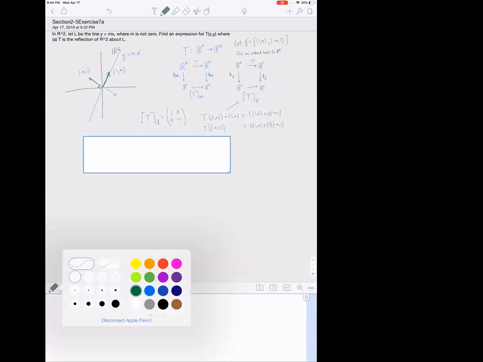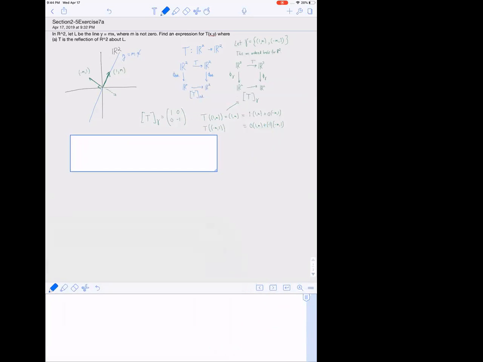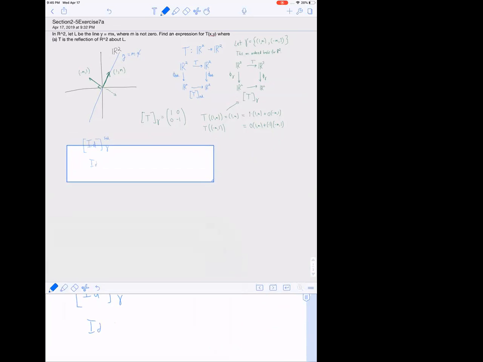Well, if you'll remember, we can use a change of basis, or change of coordinates matrix. So if I took the identity transformation, I could talk about the identity with respect to gamma and then the standard ordered basis, or the identity with respect to the standard ordered basis and then gamma.